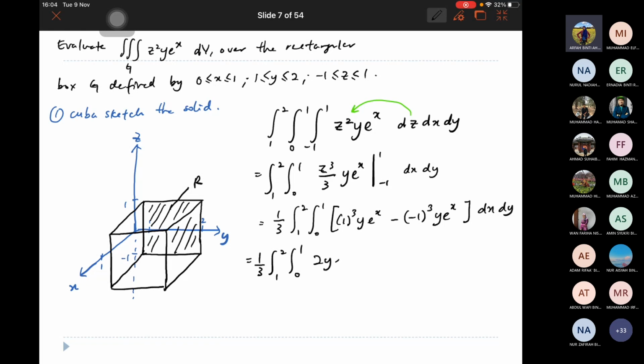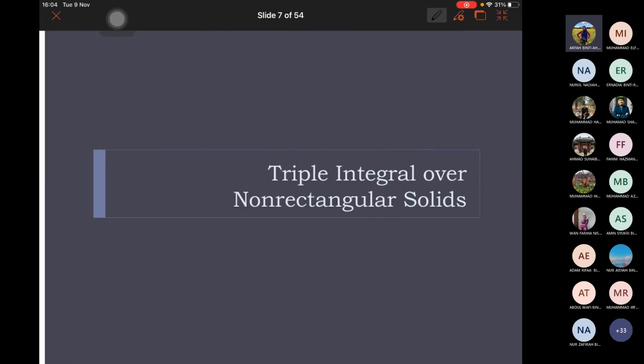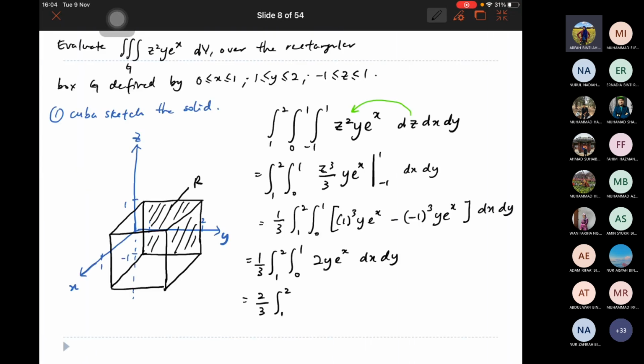Jadi 2y exponential x. dx dy. Okay. 2 saya keluarkan 2/3 integrate 1 sampai 2. Y exponential x akan jadi y exponential x 0, 1 dy.